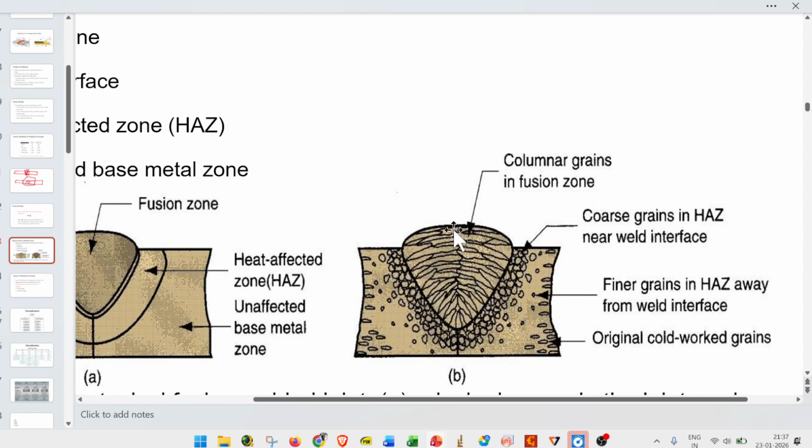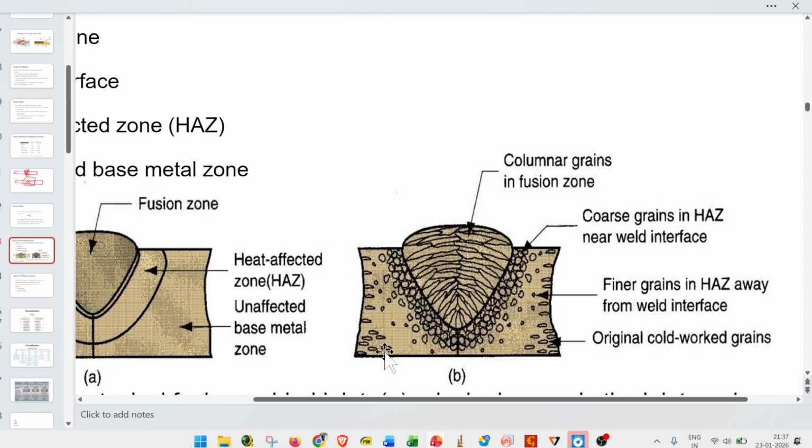The weld bead has temperatures above the melting point of the base material, so during the welding process it will be in a molten state.